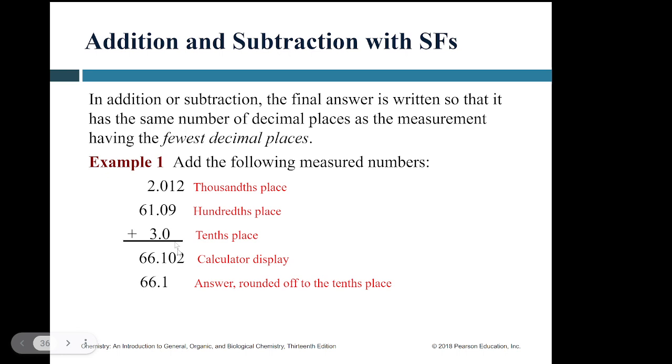Okay, so we add these together. The calculator is going to display this number right here, but the uncertainty is right here. In reality, this number is not 3.0. It's something that rounds to 3.0, and we can't tell exactly what it is. If we started measuring better, that last digit might be a 3.1, maybe.